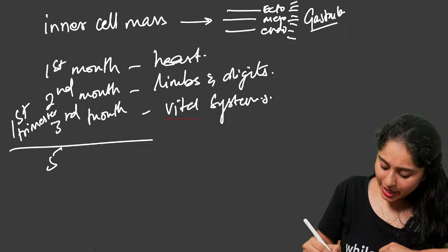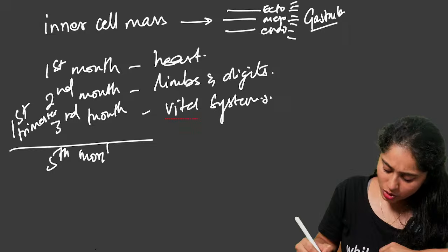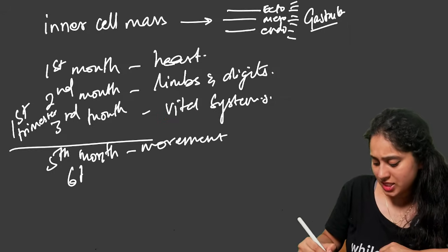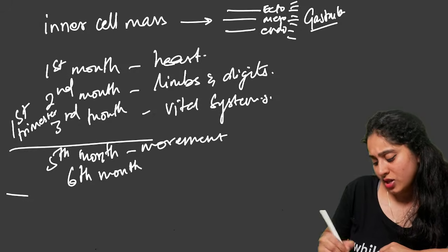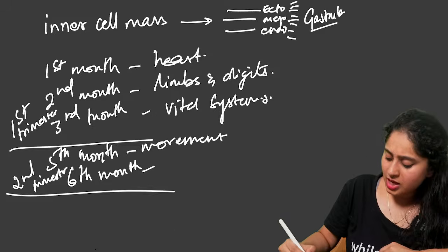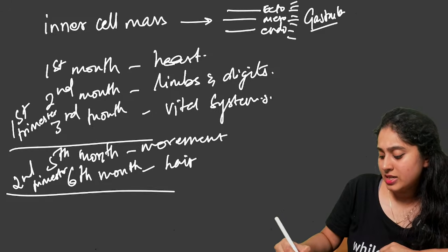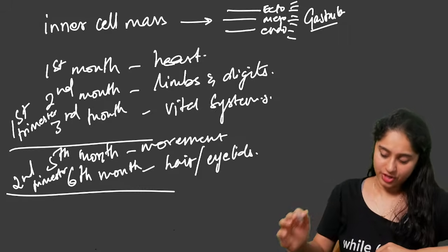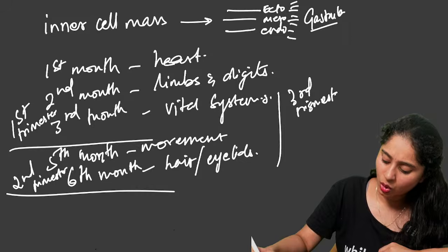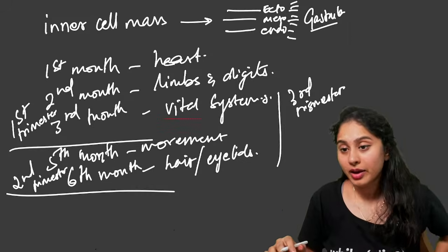By the end of the 5th month, you can see movement. By the end of the 6th month, which is the end of the second trimester, you can see hair, eyelids and all that differentiated. And then in the third trimester, it is only growth and development of the baby.